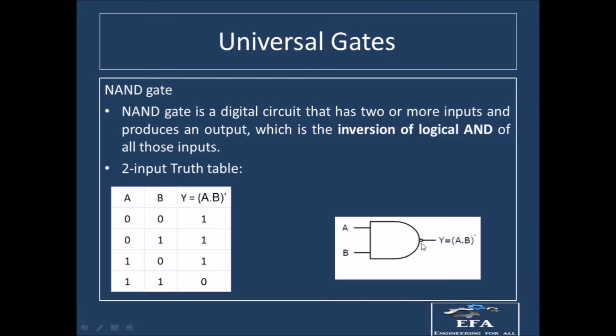So the Boolean expression for this type of gate is A dot B complement. This is the complement sign, right? We can also have a complete bar over here, and that also represents the NAND gate, right? So now we have the two inputs over here. Now we have to see the relationship between the output and the input.